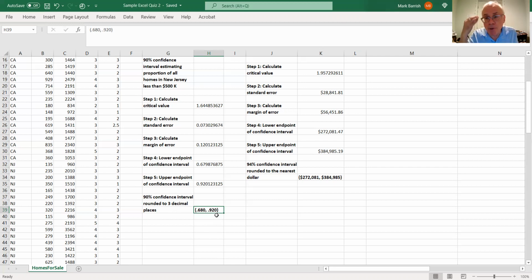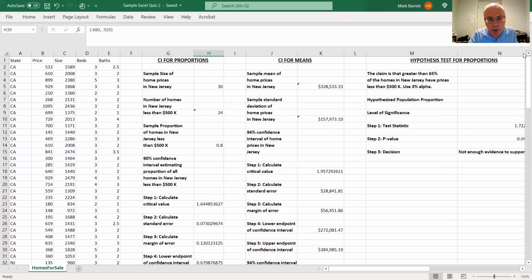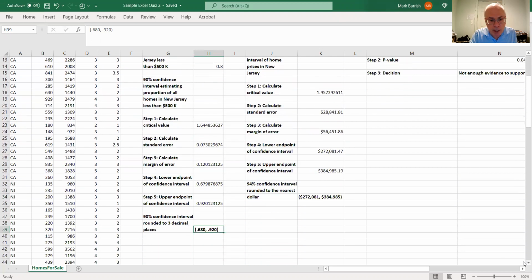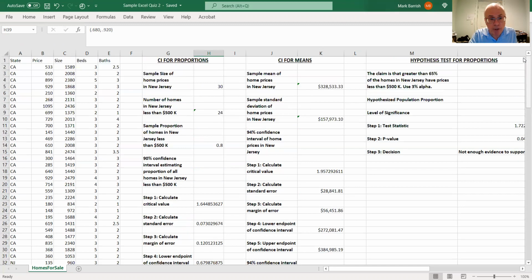And the rounding you have to do sort of in your head. All right, so do the rounding in your head, and then write down the correct answer here. Now, all the entries that we've done here will all get points, including the end result. All right. So that is how to do the confidence interval for proportion.